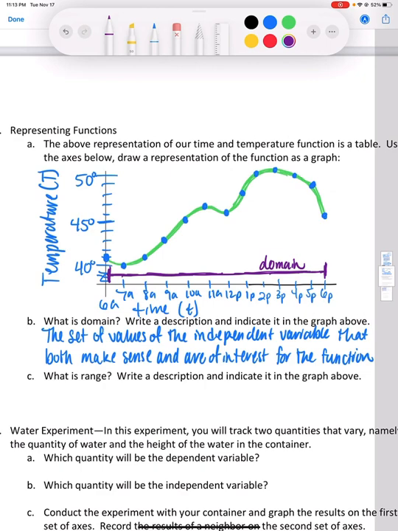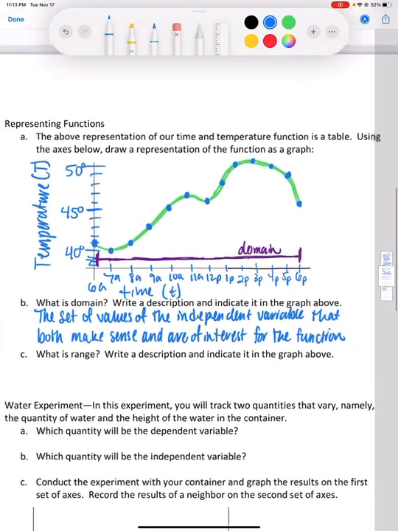What is range? Well, it's the set of values of the dependent variable that correspond to all the values in the domain.